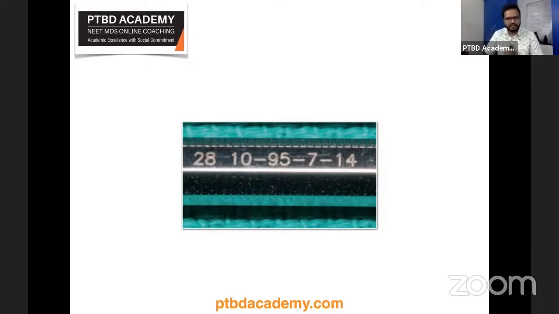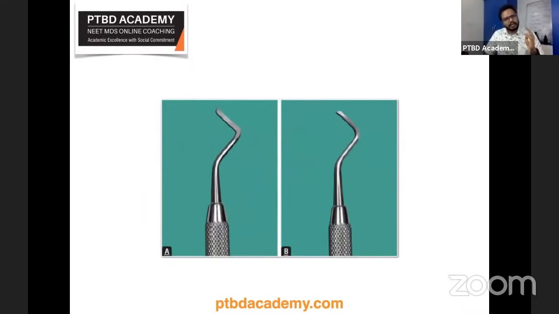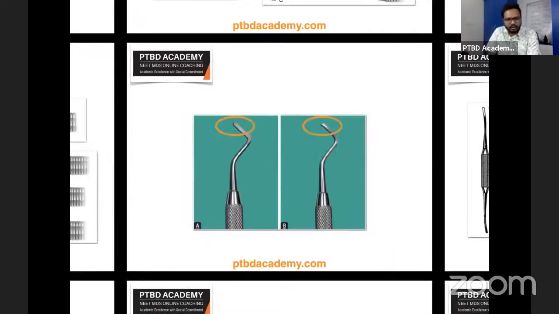You should be able to identify the instrument. And then left and right GMTs, I'm sure you will do. So mesial and distal GMTs, you should be able to identify. The left one represents a distal GMT, the right one mesial GMT. So you know how to identify that.